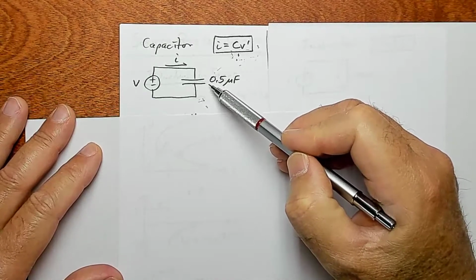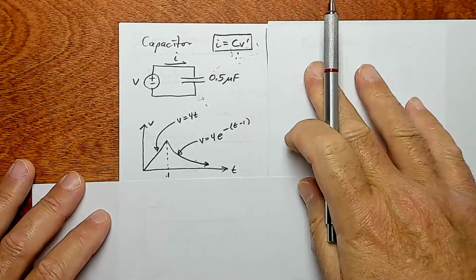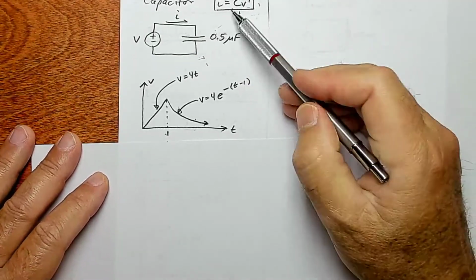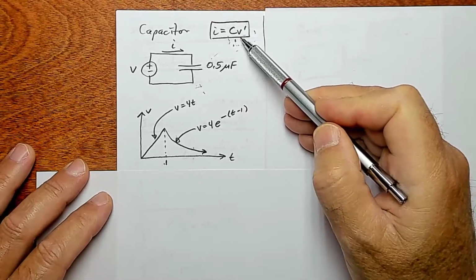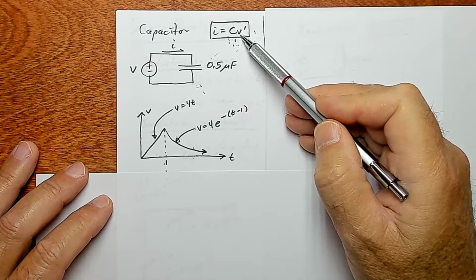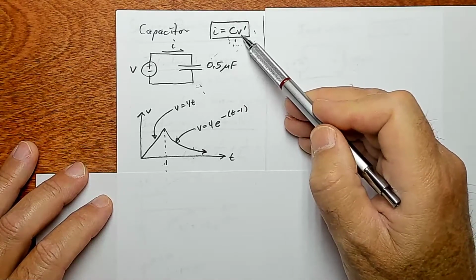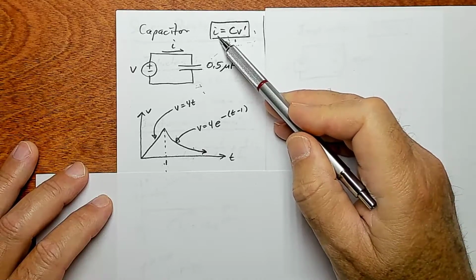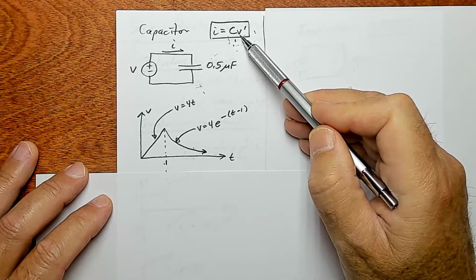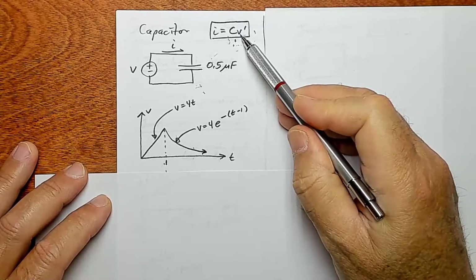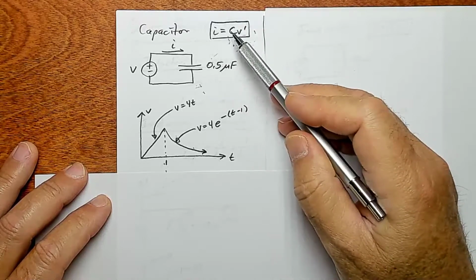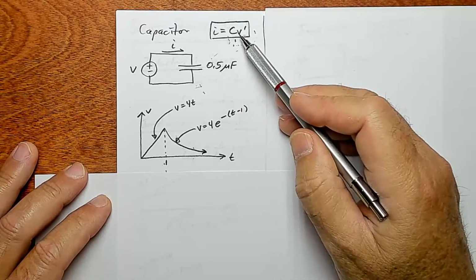Here we're going to be given a voltage signal because we want to stick with I equals C V prime, which only requires us to do a derivative. If we're given a voltage, all we need to do is take the derivative, so it's a little easier than the other way around. Derivatives are a little bit easier than integrals.